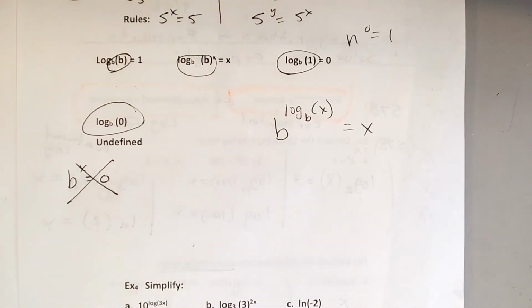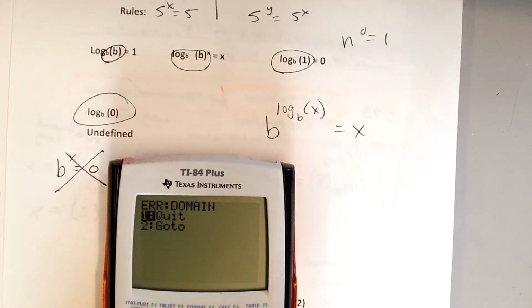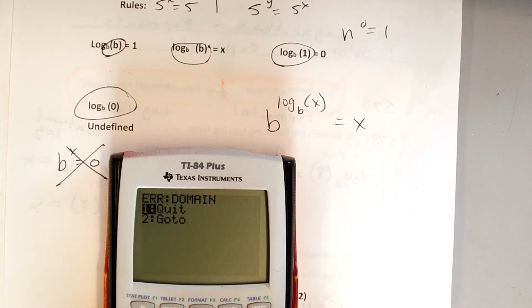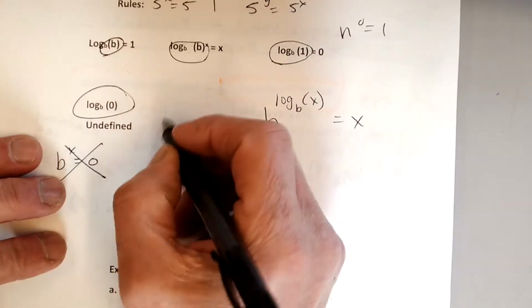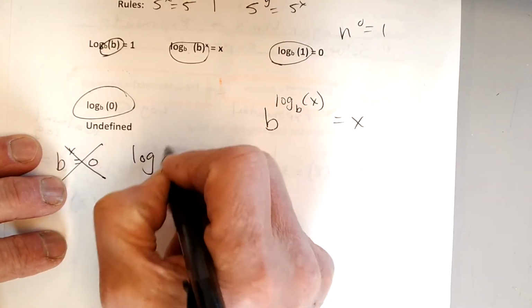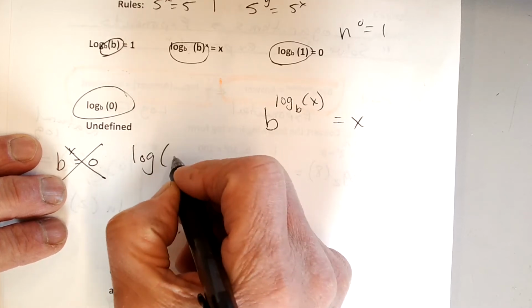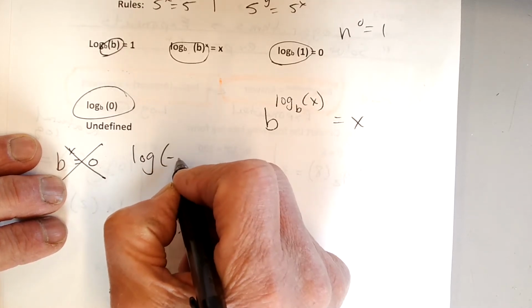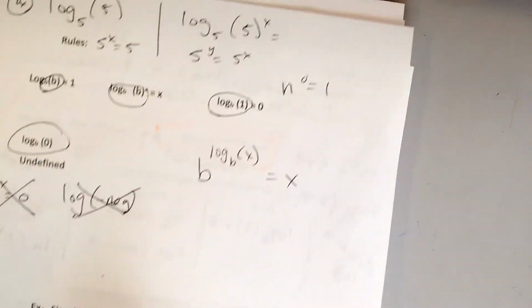In fact, if I tried it on my calculator and I went log of 0, guess what I'm going to get? Error, no good. So you can't take log of 0. In fact, you can't do the log of any negative number either, so it's always got to be greater than 0, okay?